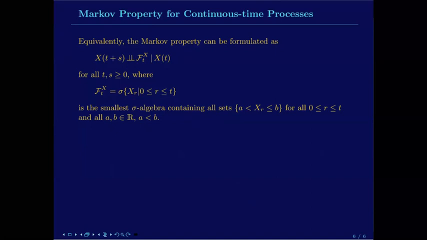And this sigma algebra forms the information that we get by observing the past of the process. And the Markov property is satisfied if xt plus s is independent of this complete sigma algebra, so of all events inside this sigma algebra, given that we know the value of xt.